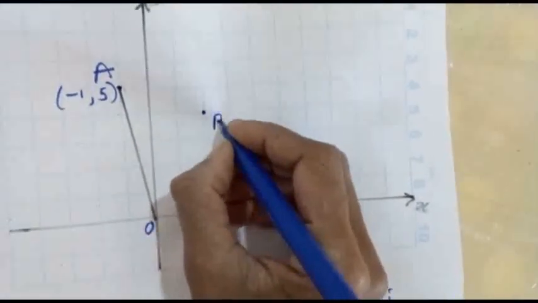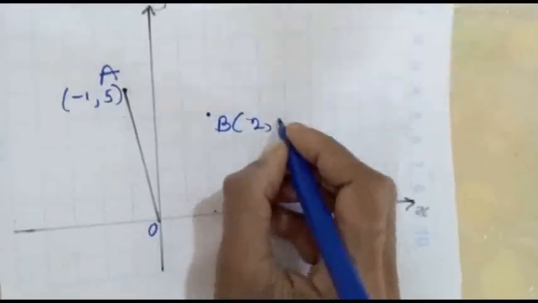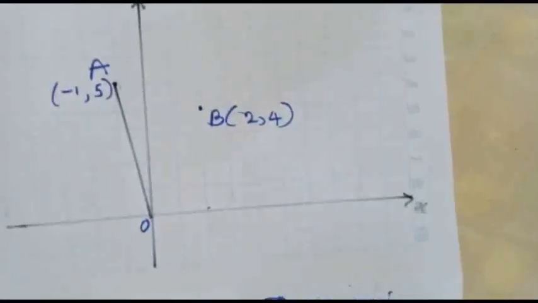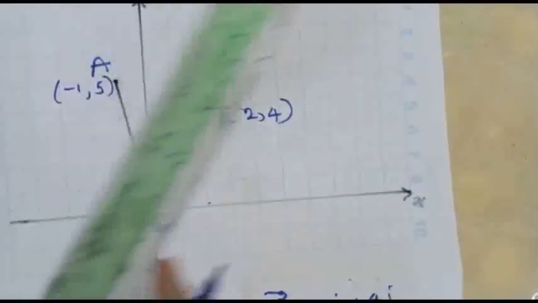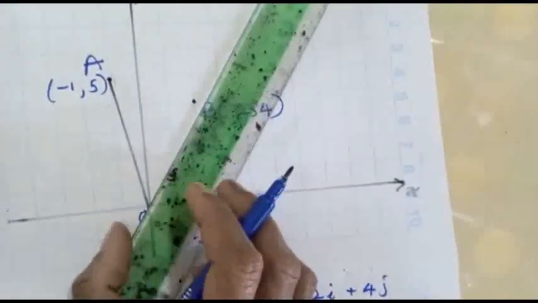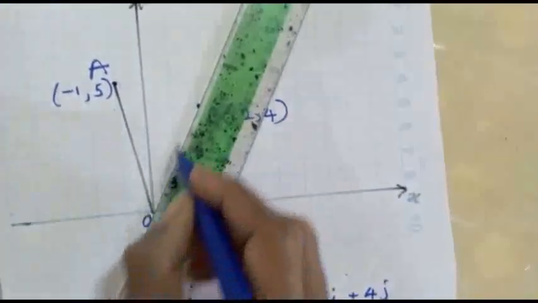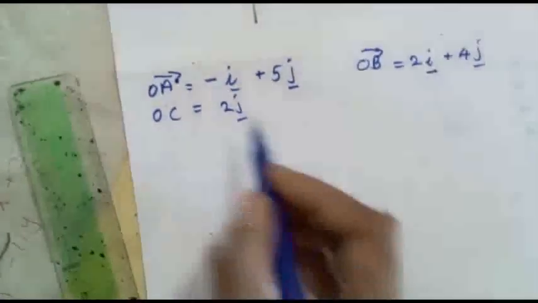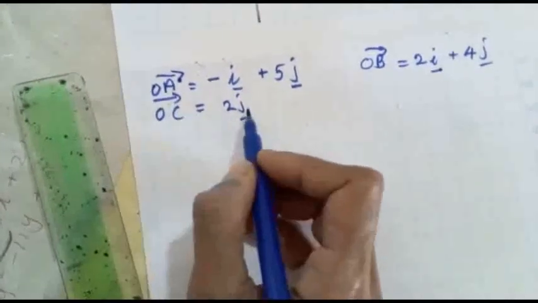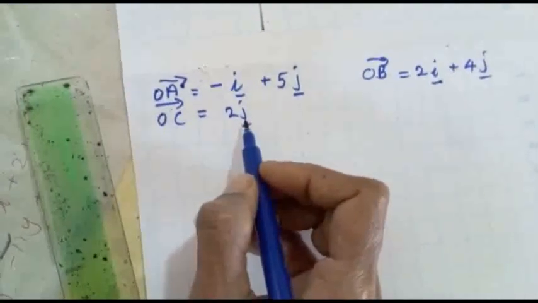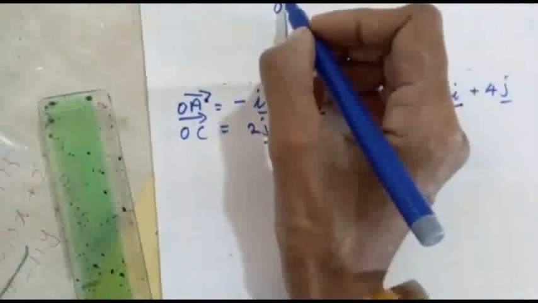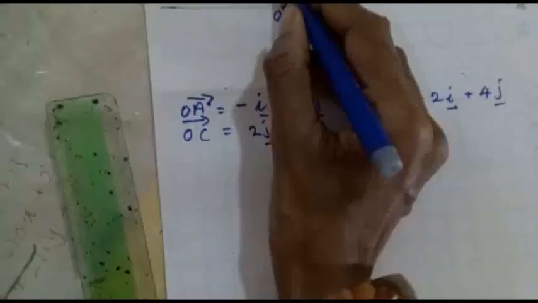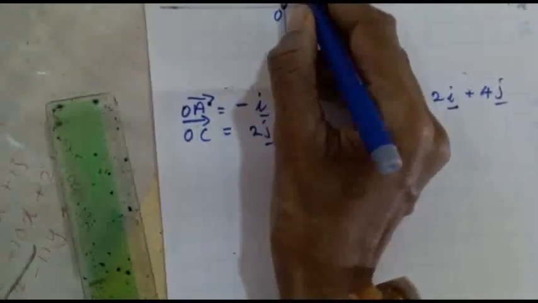This is point B, 2, 4. This is vector OB. Here vector OC is equal to j. The point C is on the y-axis, 1 unit here. C.